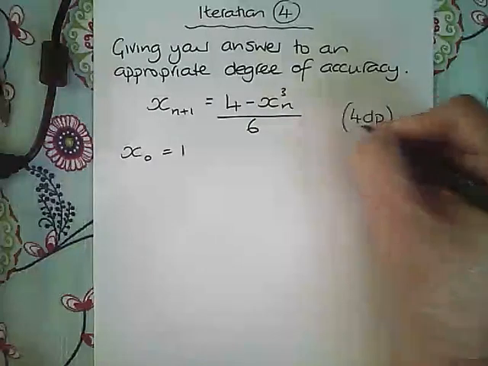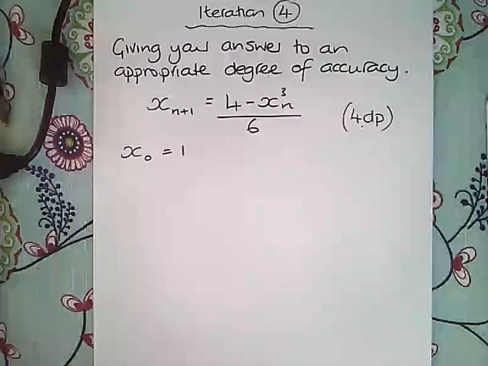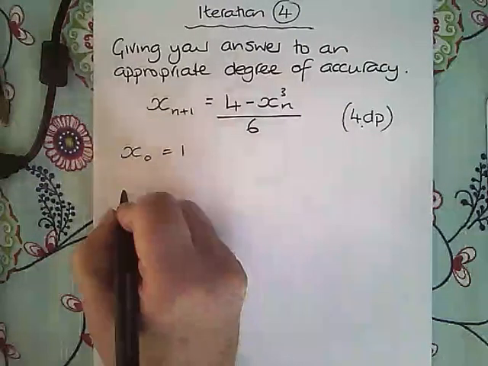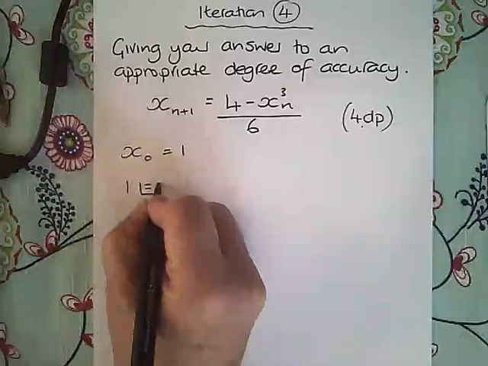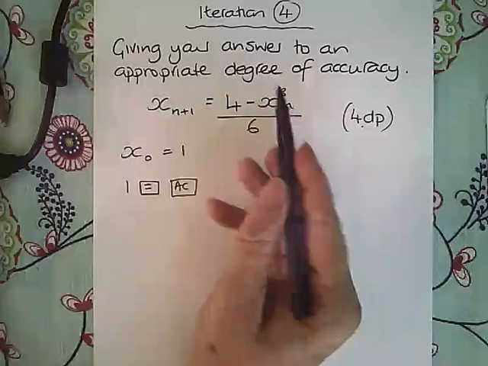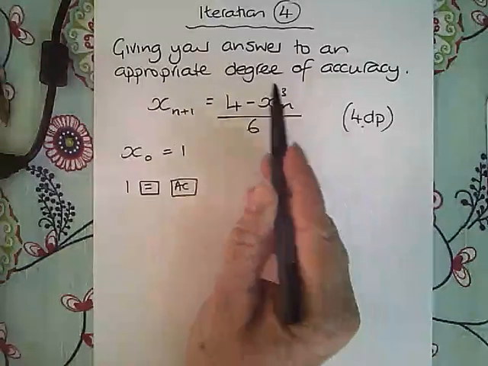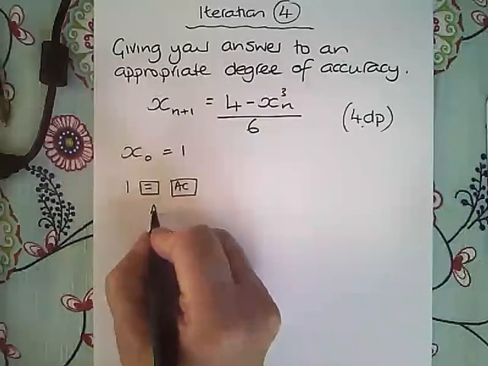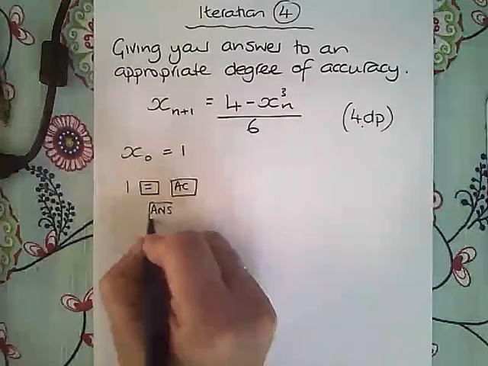Okay, so if you can remember from the video last time, I said about using the answer key. On your calculator we need to put 1 equals and then clear everything, and then pop the iterative formula into our calculators using the answer button, because that's where that first value is now stored.